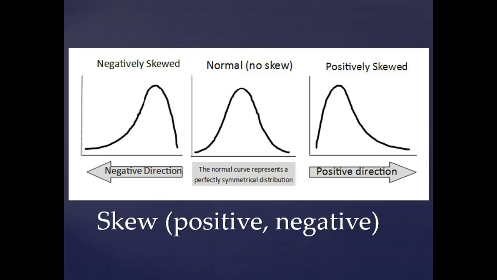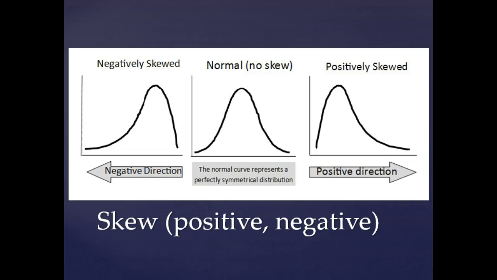And for some folks, this can seem a little counterintuitive. So we see on the left-hand image that we get a sense that the main part of the curve is to the right. So we might think that means that that's a positive shift or a positive skew in the distribution, but it's actually the opposite.